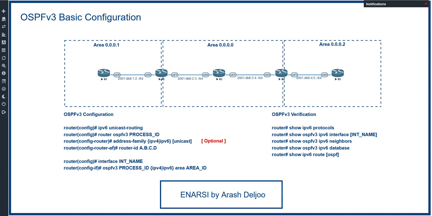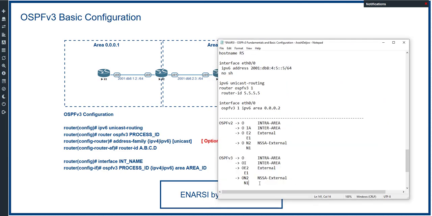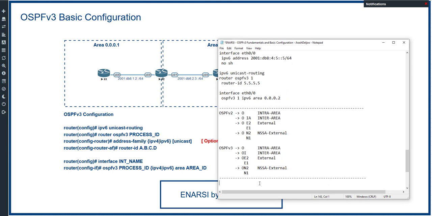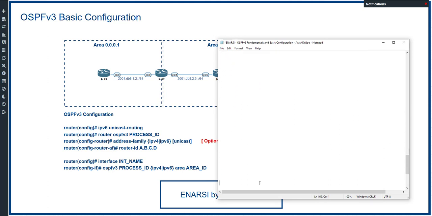But you know that in OSPFv2 we send the hello packets to one multicast IPv4 address reserved for OSPF, and the OSPFv2 multicast address is 224.0.0.5.